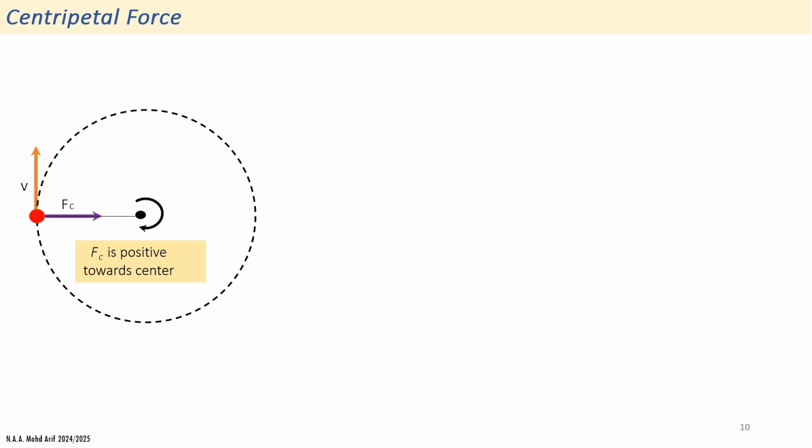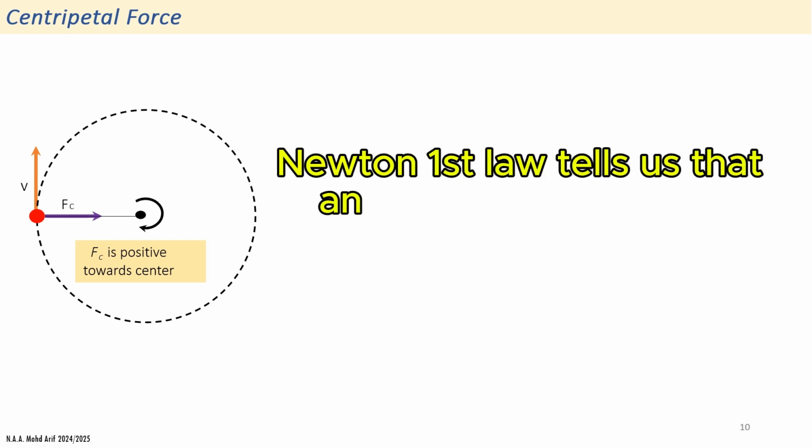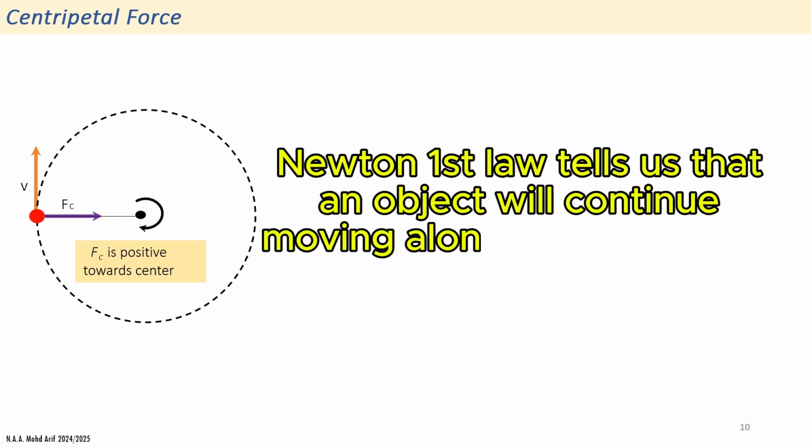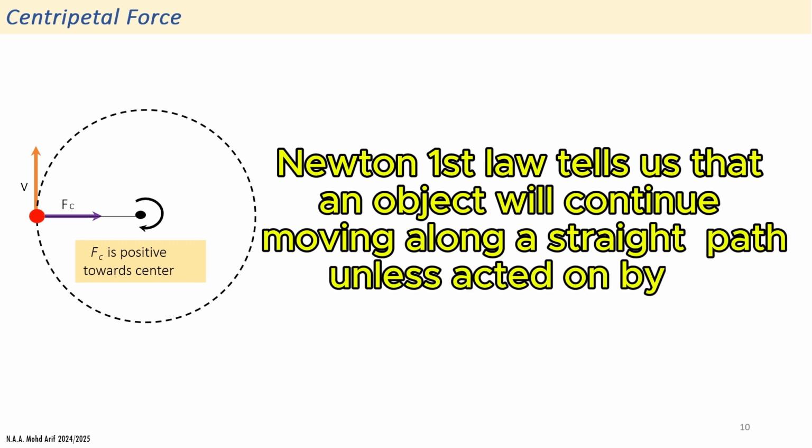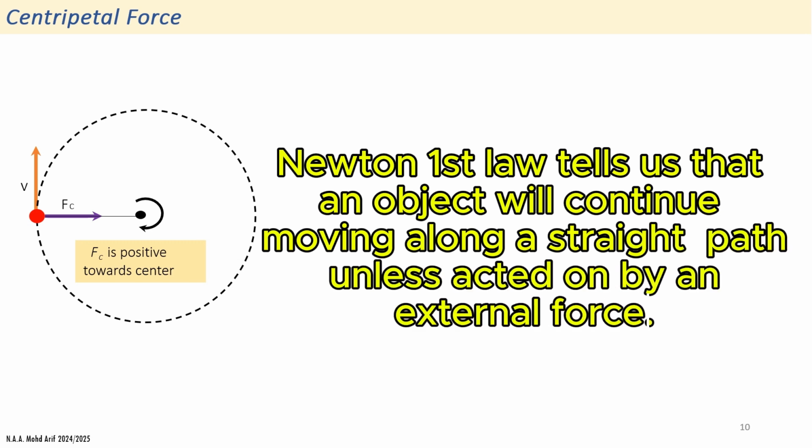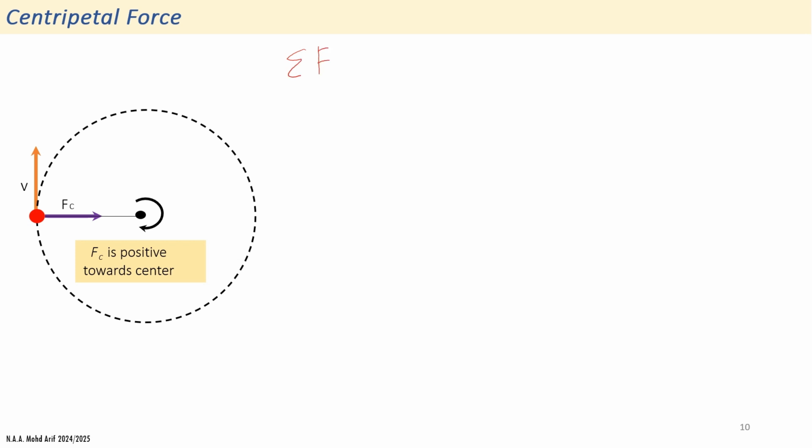Newton's first law tells us that an object will continue moving along a straight path unless acted on by an external force. And according to Newton's second law, the sum of F equals ma. Therefore, the external force is represented by the centripetal force: sum of F_c equals m a_c.